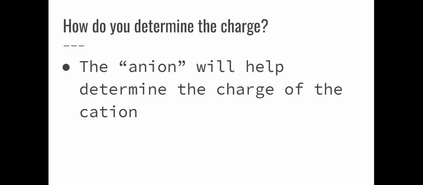It is the cation, so it's always named and written first. The chlorine is the negatively charged ion. It is the anion. It is always written last. Sodium chloride is always written and spoken in the order of the sodium first because it's the cation, and the chlorine last because it's the anion.